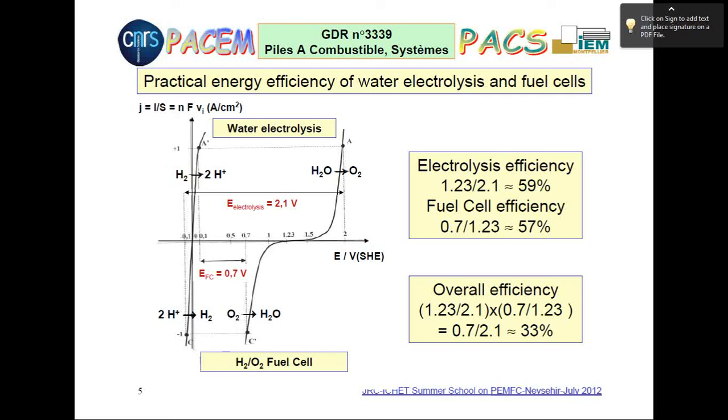We'll discuss that later. On the other side, you have the oxygen electrode, you have oxygen reduction giving water, oxidation of water giving oxygen, and this is quite different. At around zero current, you have a large domain range of electrode potential where there is nothing. So to make the reaction, we are obliged to go a little bit further than 1.23 volt, which is the standard electrode potential.